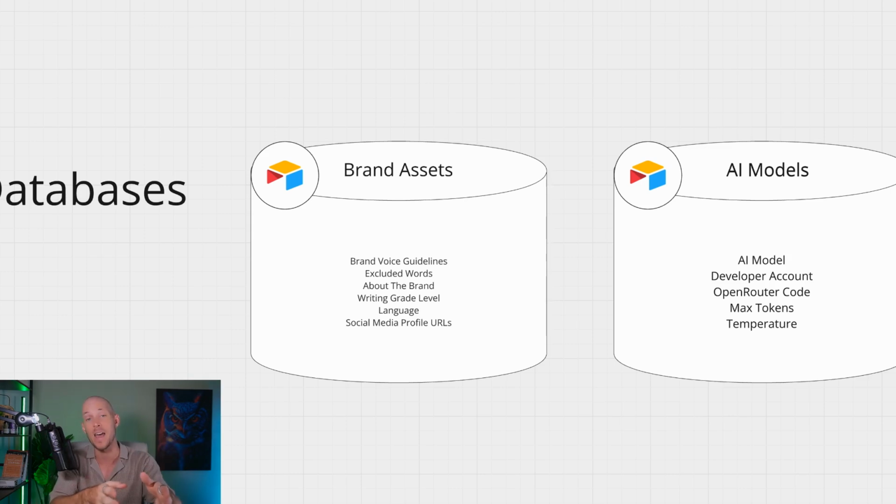We feed the AI with English and we ask it to provide the output in Spanish or in Italian, whatever that may be. So that's what we're using brand assets for, is to set all of our brand details up front and then push them and link them into all of the other workflows moving forward, which we're going to get to in a later stage.